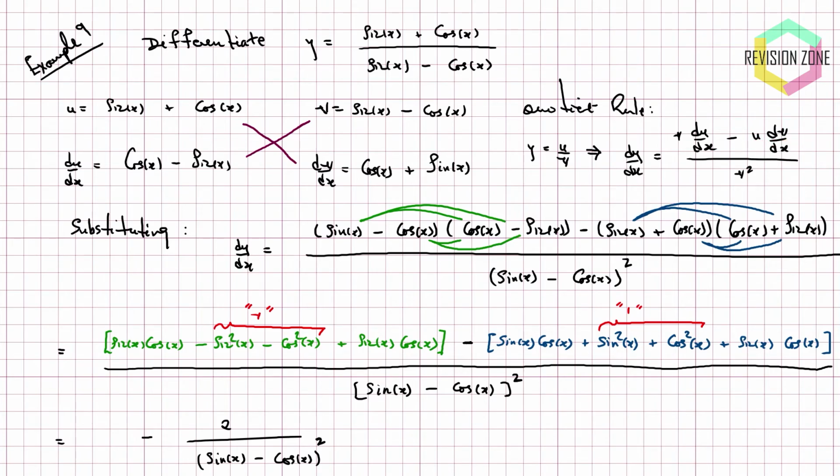But the thing to keep in mind now is there's a minus in between the two, which is how it's different to the product rule, of course. And the other thing is order matters. So I have to start with the v. So I have to do this first, write that down, and then I've got to do that second, write that down, and then take away the answers, right? And then divide the whole thing by v squared, but v is of course just sine x minus cos x, so you can just write that down and square it.